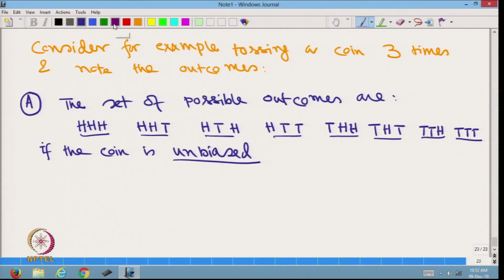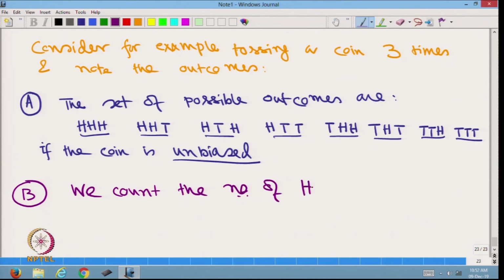On the other hand, suppose under the same experimental setup, we count the number of heads, then the set of possible outcomes are 0, 1, 2 and 3.